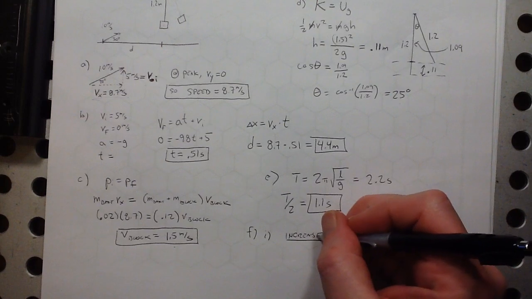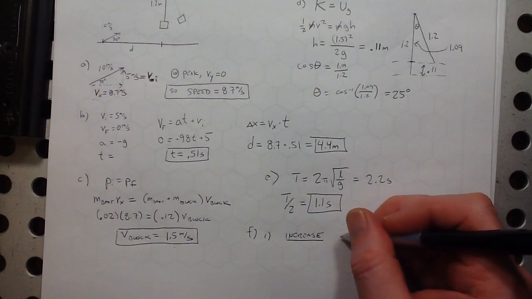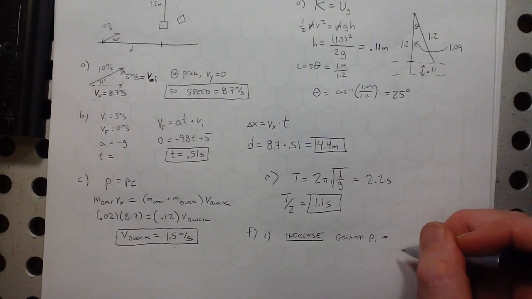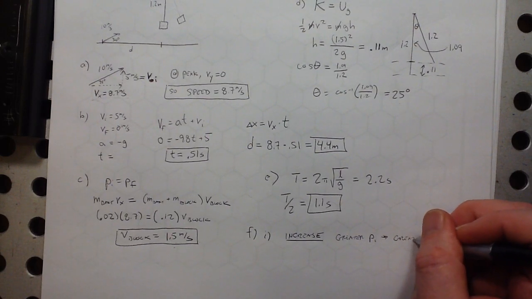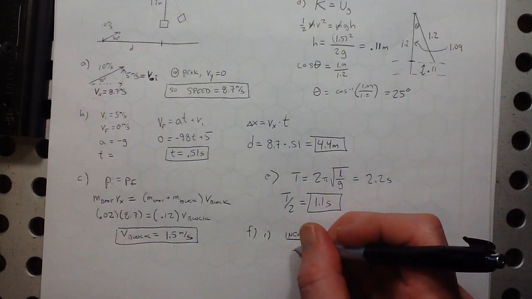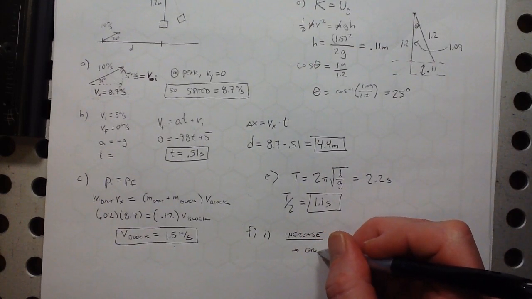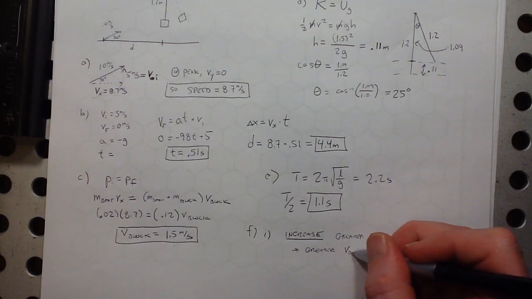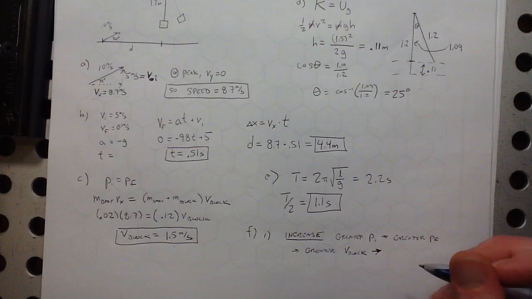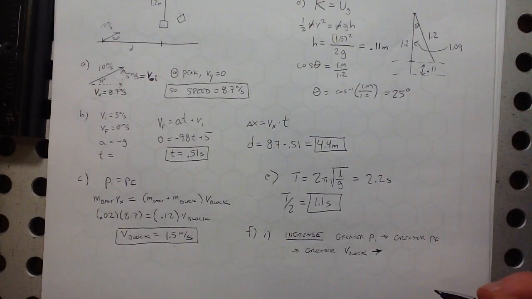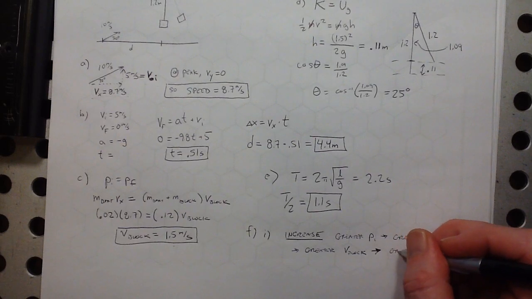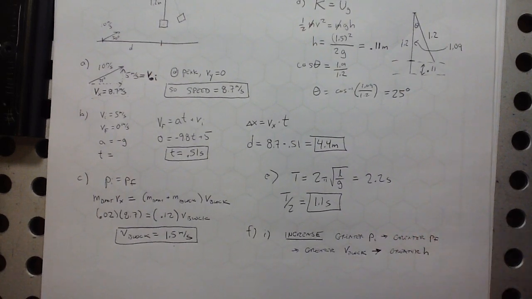and our justification would be: greater initial momentum means greater final momentum, which means a greater v block, which means, since our height depended on v squared, greater h.